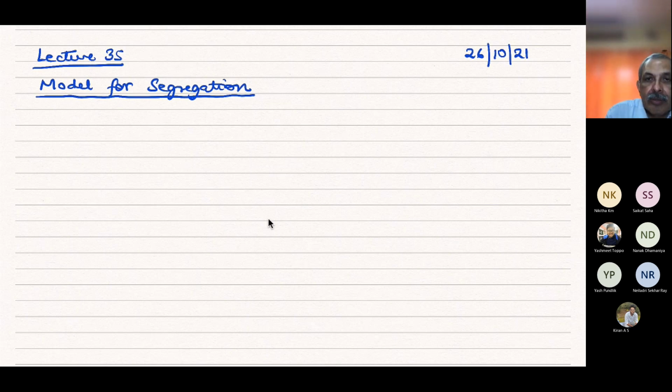So the first thing I want to look at is density segregation, because that is a lot easier. We'll do size segregation next, but first let's look at density segregation.